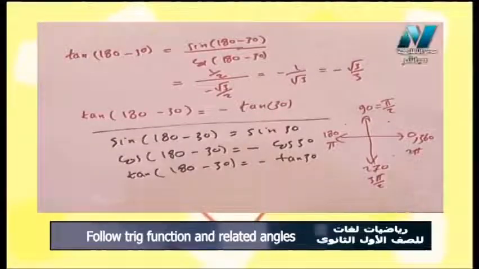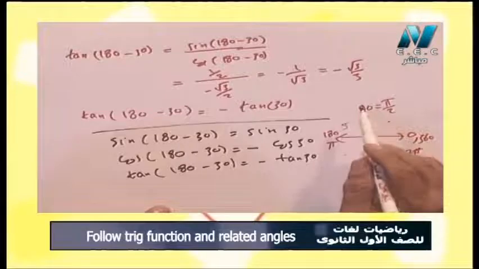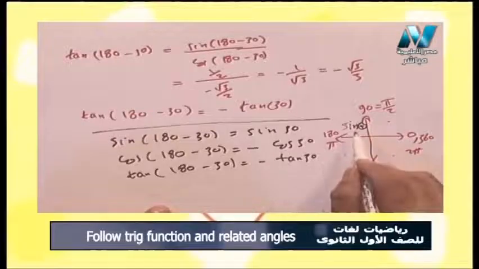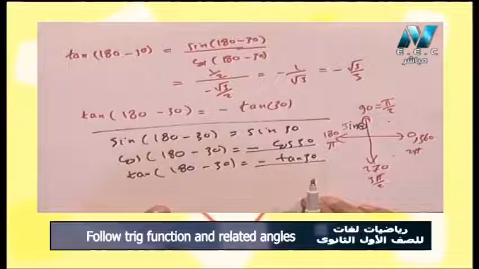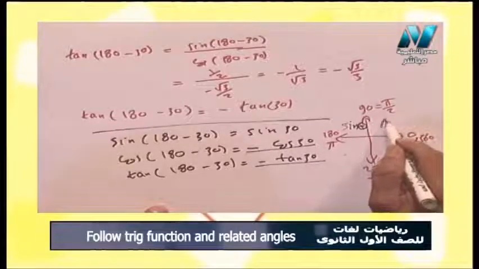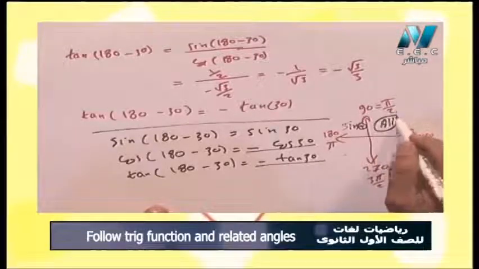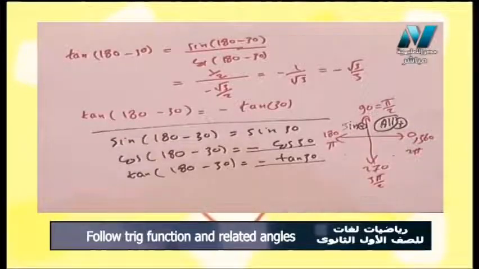Remember carefully that sine in the second quadrant is positive, but cosine and tan are negative. And we know that all of them in the first quadrant are positive: sine, cosine, and tan.